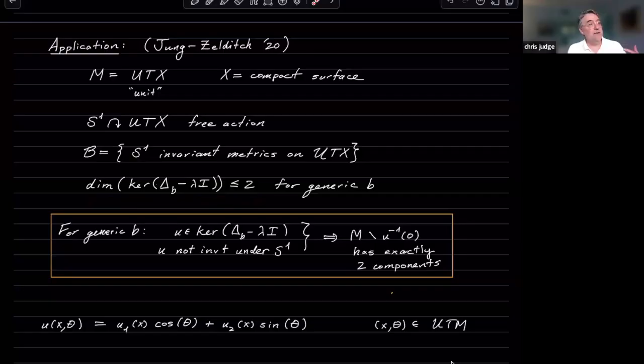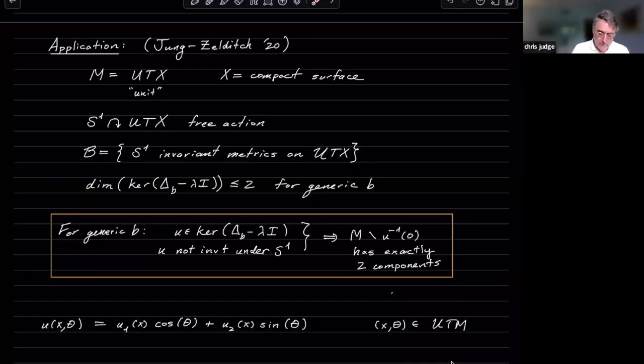And so you'll get these two-dimensional representations. Each eigenspace will be two-dimensional, with that two-dimensional representation coming from the S1 action. I mean, the irreducible representations of S1 acting on a vector space are either one-dimensional, trivial, or two-dimensional.